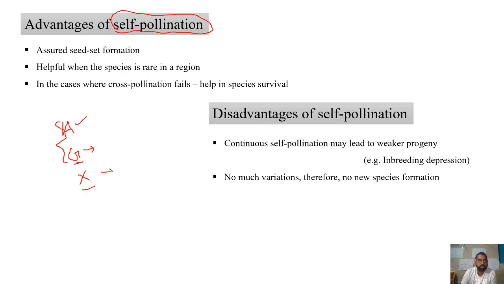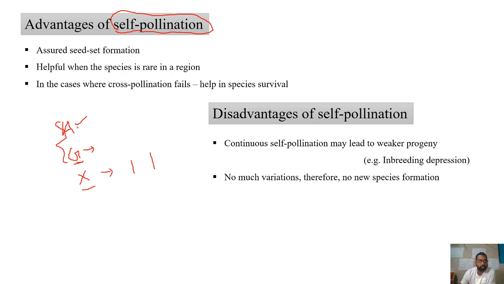Xenogamy is between two different members of the same species, meaning two different plants. That is cross-pollination. So when I say self-pollination here, I'm talking about both of these, the genetically self-pollination, not the functional one. In the case of self-pollination, there is assured seed set formation, as the stigma and style are closer.